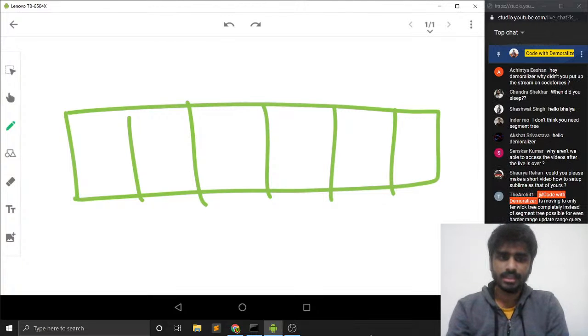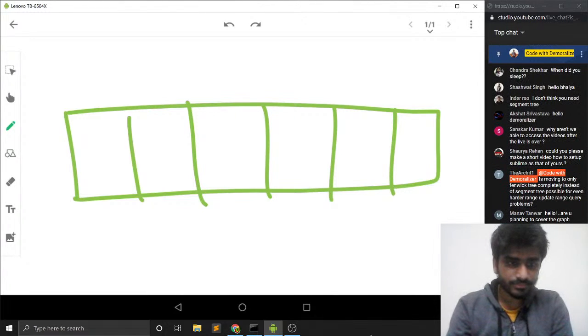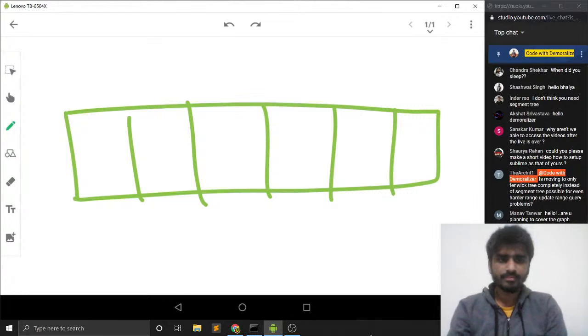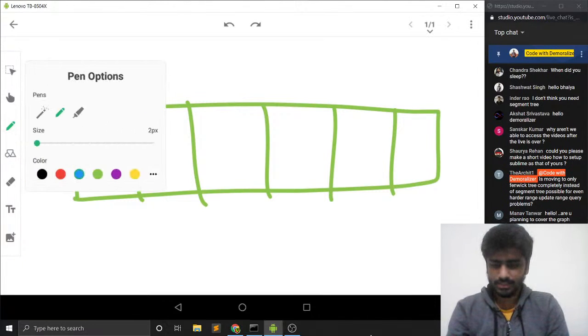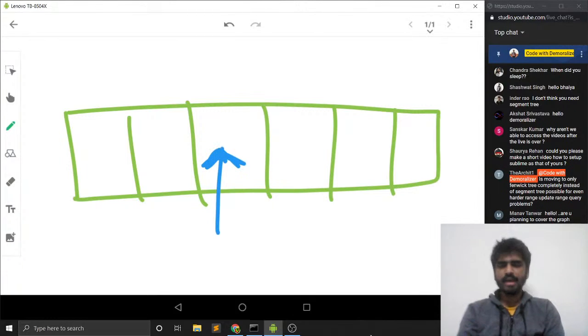But otherwise, segment tree is much more powerful. Yeah, I'll be making a video on my snippet someday, but not right now. But I will surely do that someday.